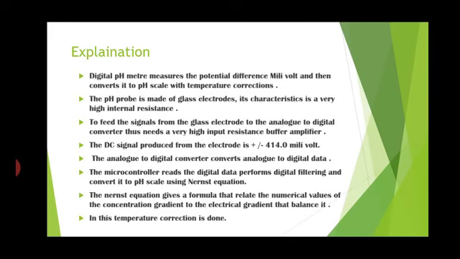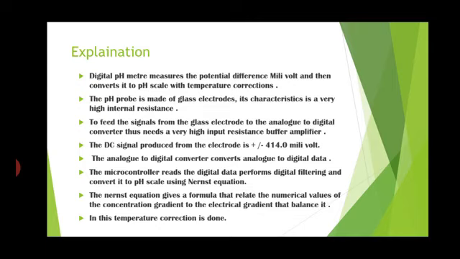The digital pH meter measures the potential difference in millivolts and then converts it to the pH scale with temperature corrections. The pH probe is made of a glass electrode. Its characteristic is a very high internal resistance.